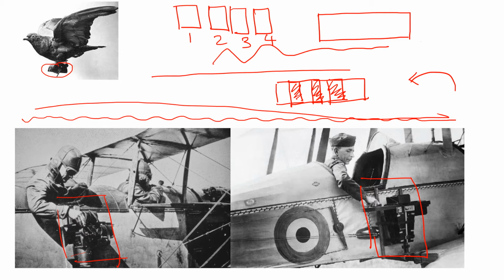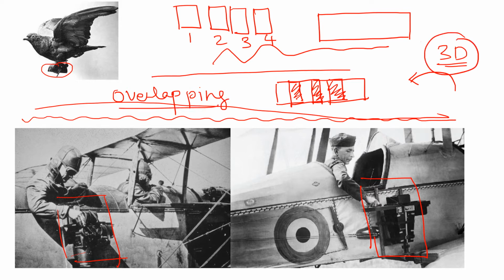By overlapping such areas, I get more information, and the images can be converted to 3D. With the present drone scenario, we are doing the same thing. That's called the overlapping concept, to get proper information or to get 3D out of these pictures.